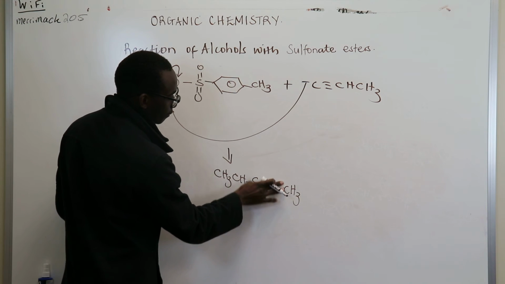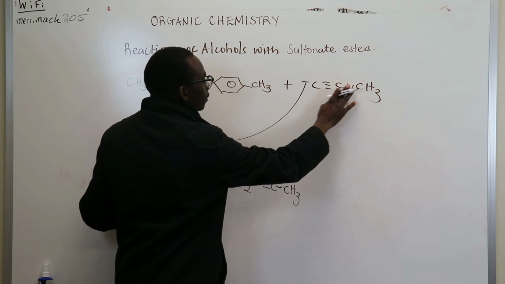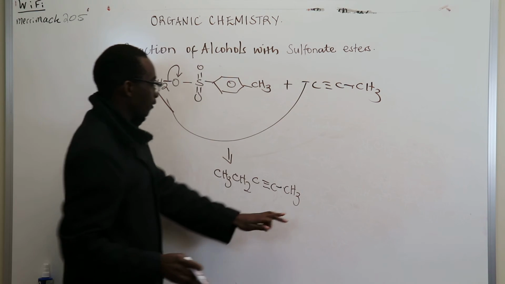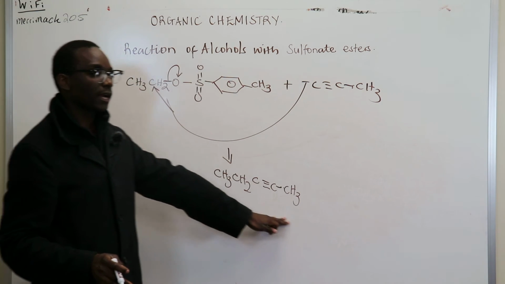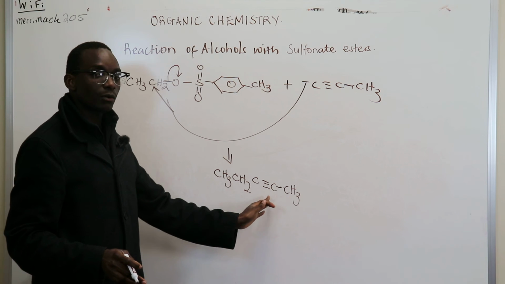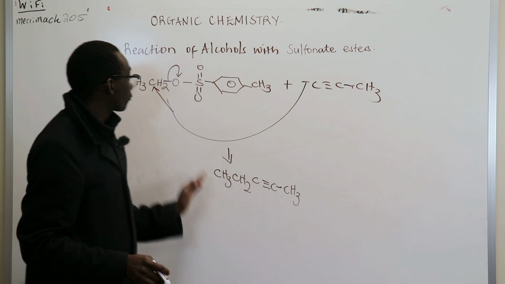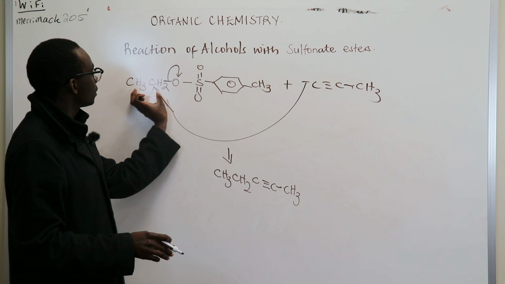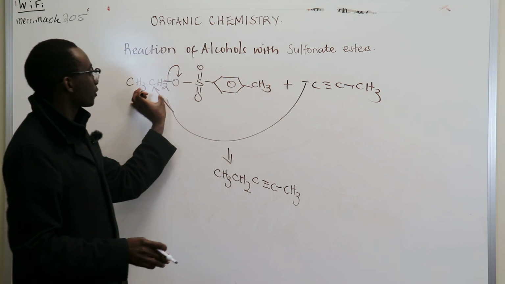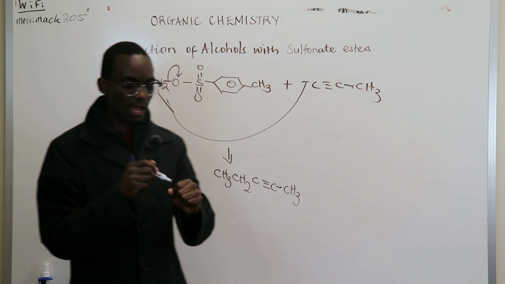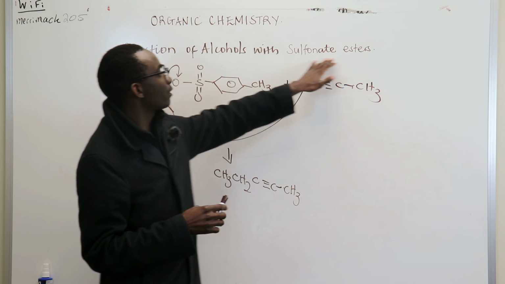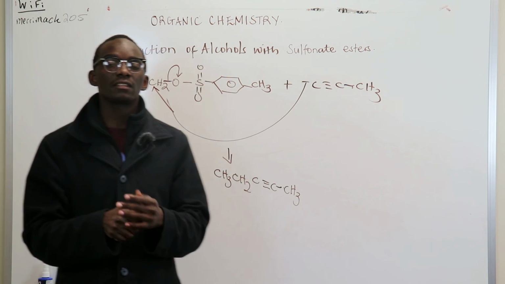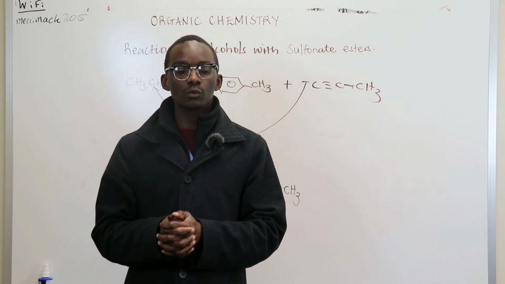This carbon doesn't have a hydrogen. So now, you see how I have formed an alkyne, an internal alkyne, from just substituting into this structure. So therefore, that's how we can use these sulfonyl esters to form as many other functional groups as we can.